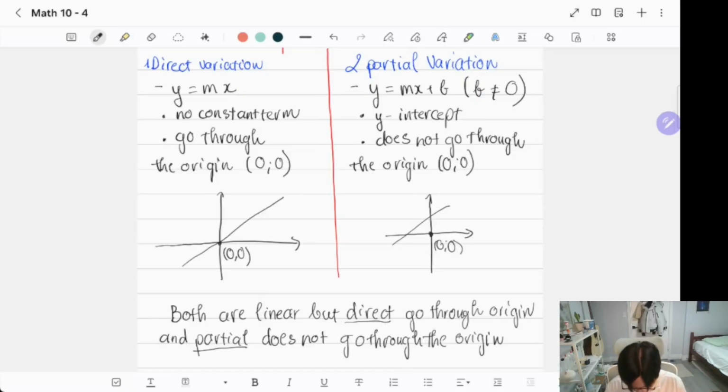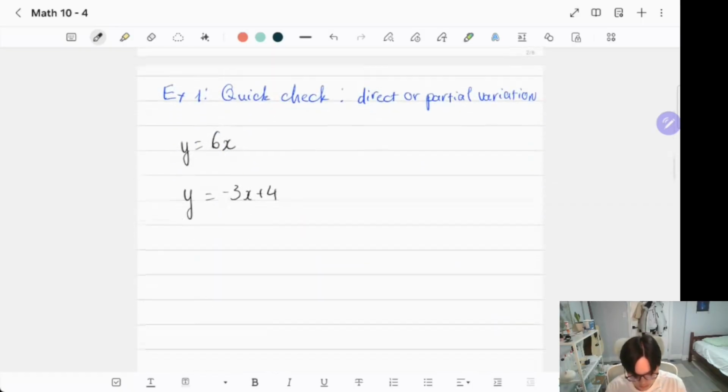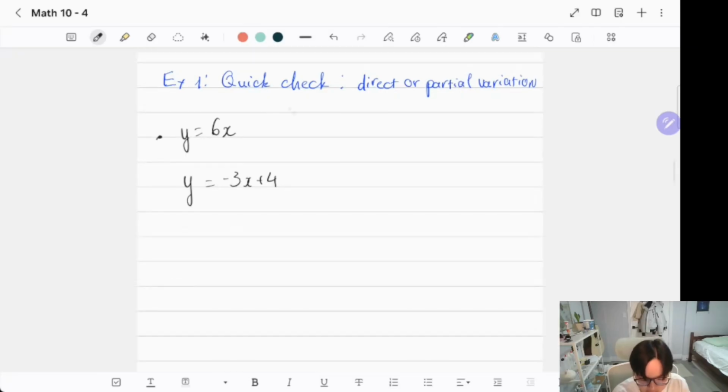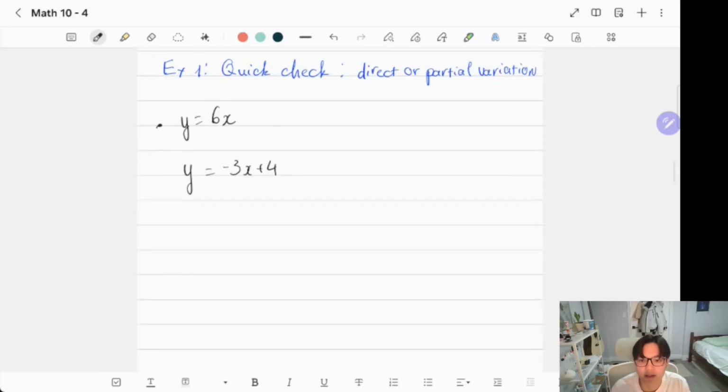Okay, let's move on to our example. The example here is a quick check. Is it a direct variation or a partial variation? For the first equation, is it direct or partial? Okay, this one is direct variation because it goes through the origin and does not contain a constant term.